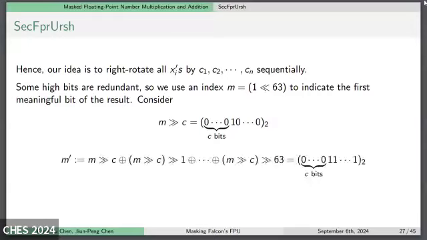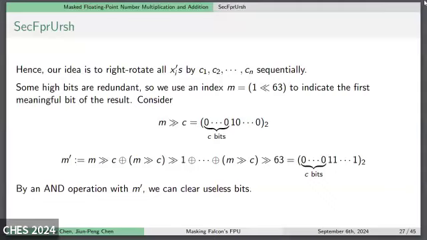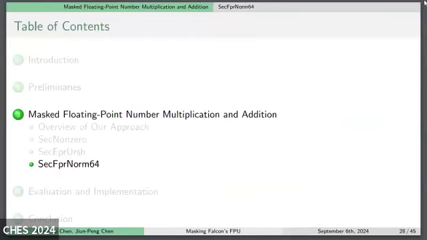Using this value, we can construct another value m prime, which is equal to c zeros, and all the rest of the bits are 1s in expanded representation. Then by an AND operation with this m prime, we can clear all the useless bits and get the desired shifted result from the rotated result. This is how we do the floating point secure right shift.